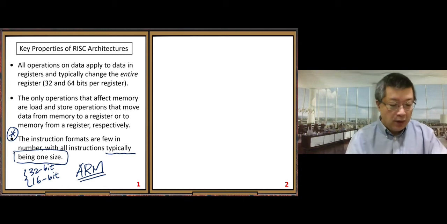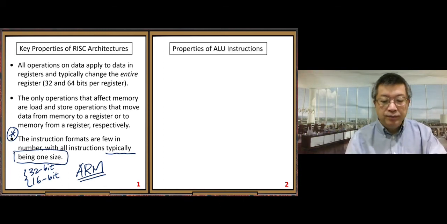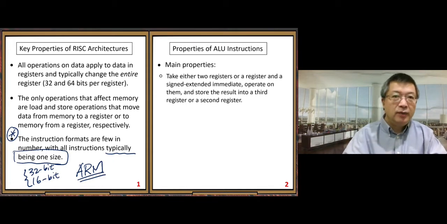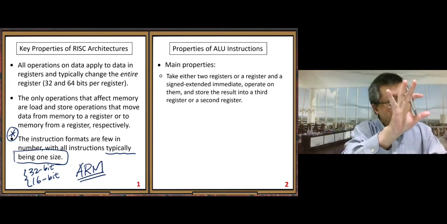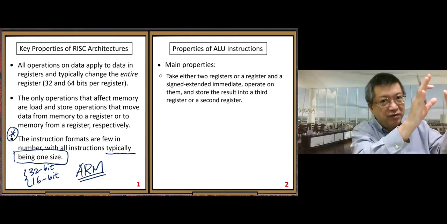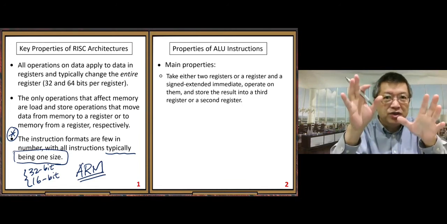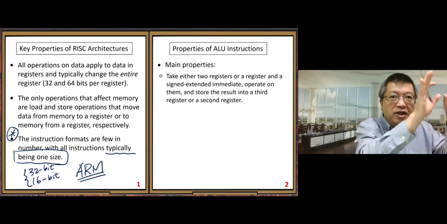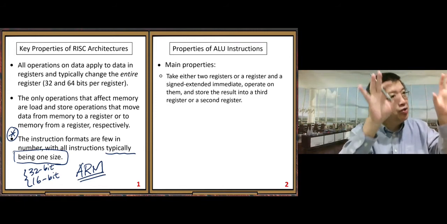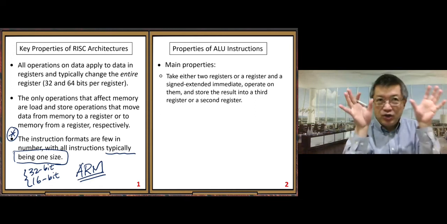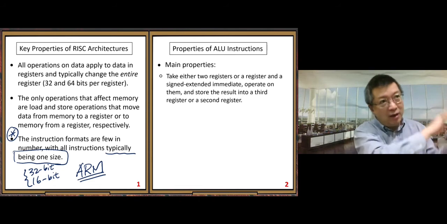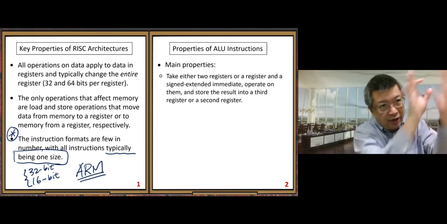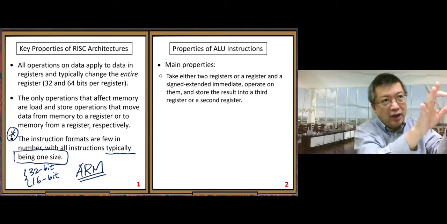So next one, properties of ALU instructions. Main properties: take either two registers, two types. The first one, two register version, or a register and a sign extended immediate as two source operands. Here we're talking about source operands. We apply operation on those two sources.